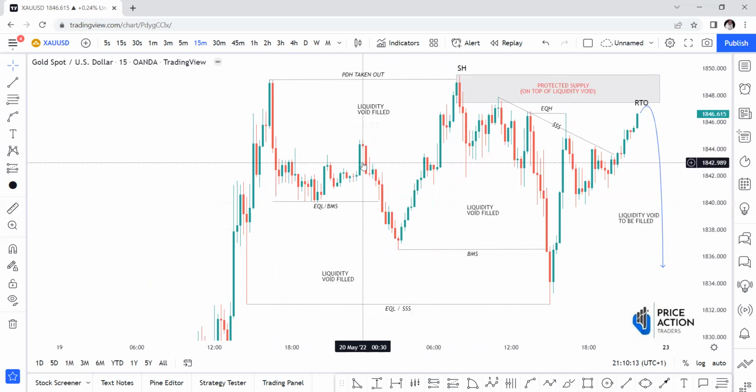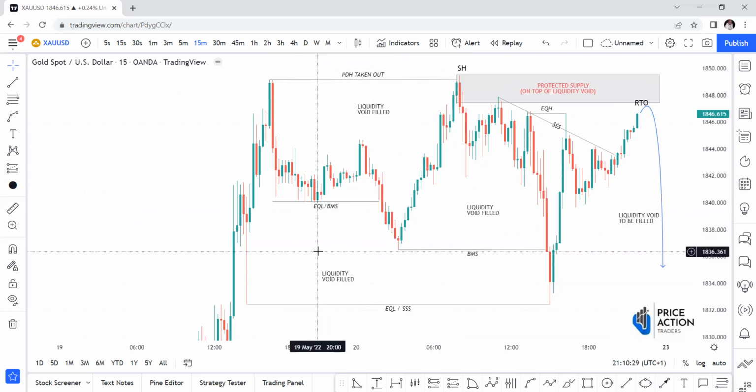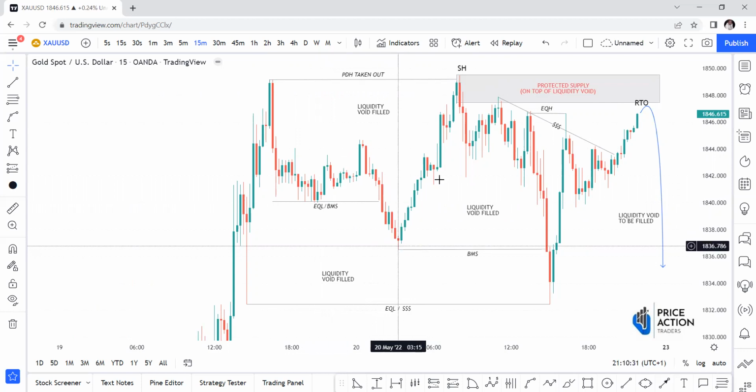This is the market opening on Friday. Market opens on Friday, pushes lower to take out these lows, fills up the liquidity gaps, then reverses upward into the opposite.